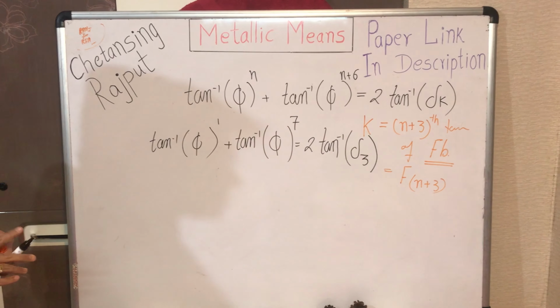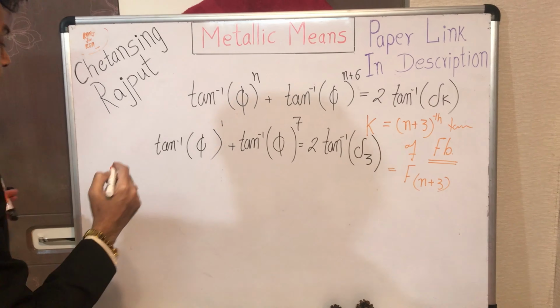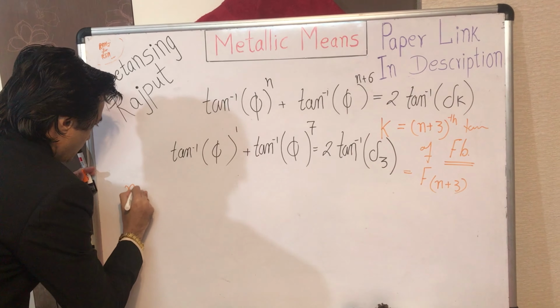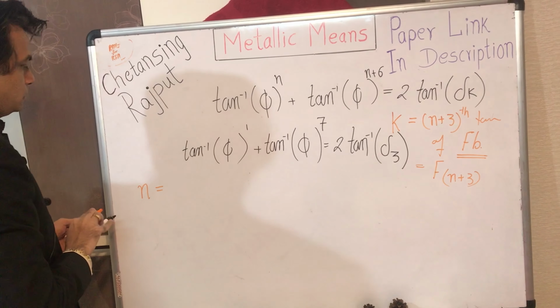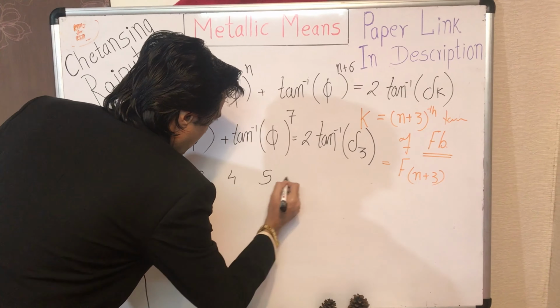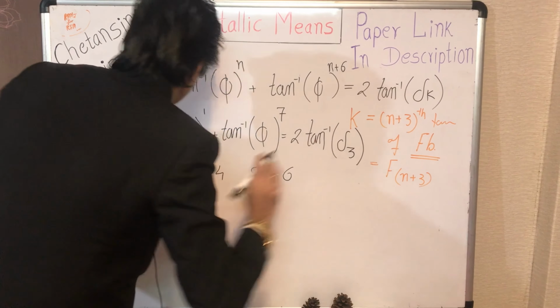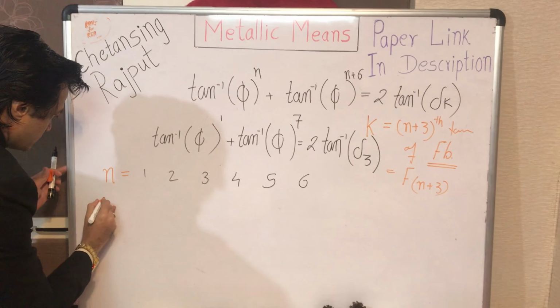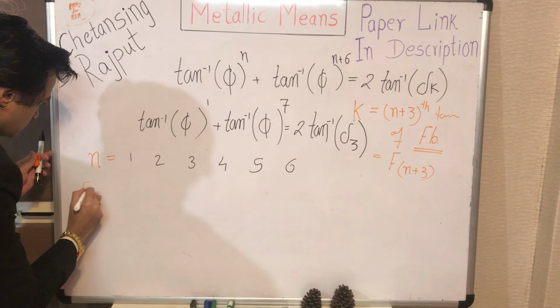Why the third metallic ratio? Because remember the Fibonacci sequence: n is equal to 1, 2, 3, 4, 5, 6, 7 and so on, and the corresponding Fibonacci terms are 1, 1, 2, 3, 5, 8.